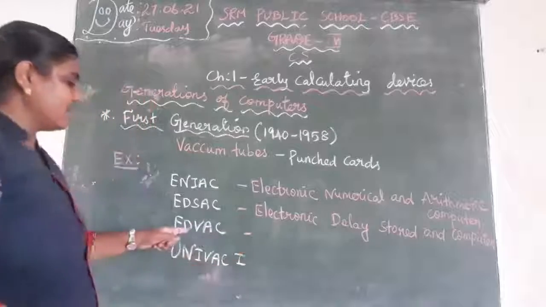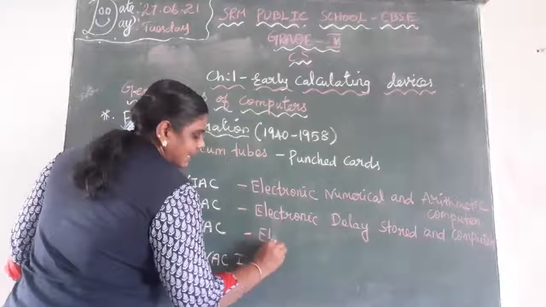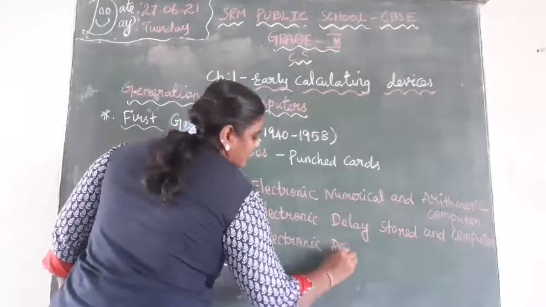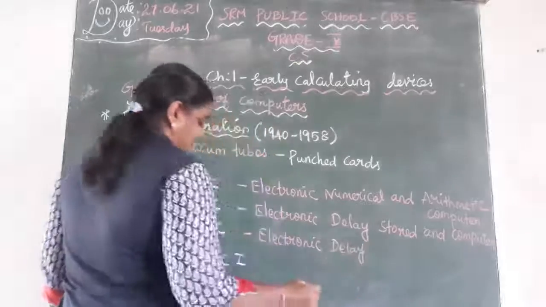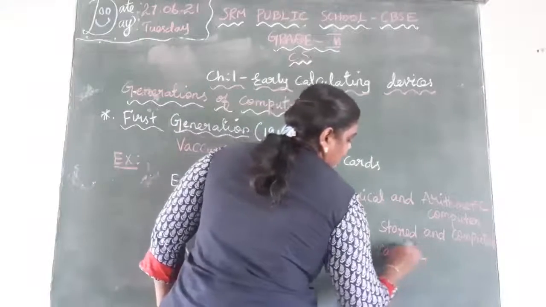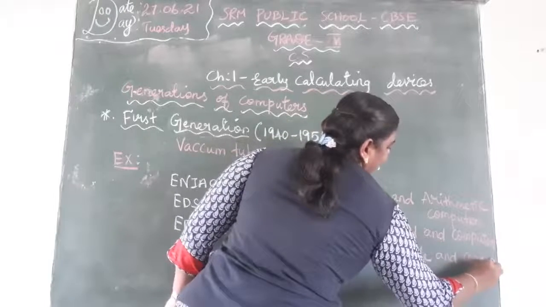So what is the full form of EDVAC? Electronic Delay Variable and Computer. Okay.